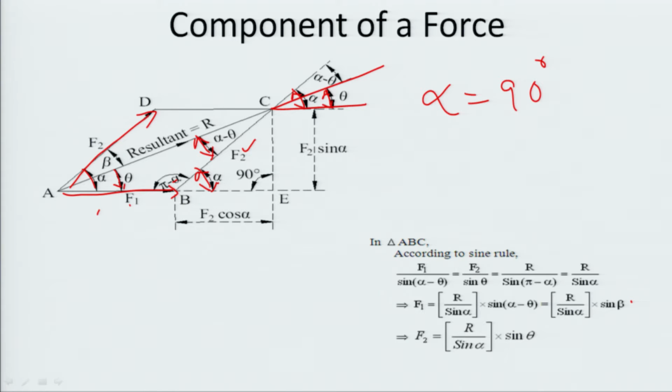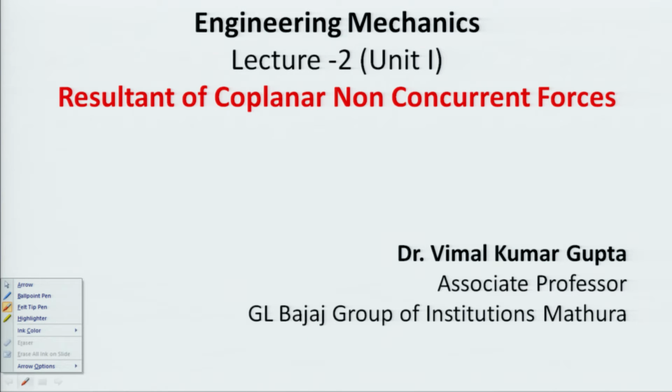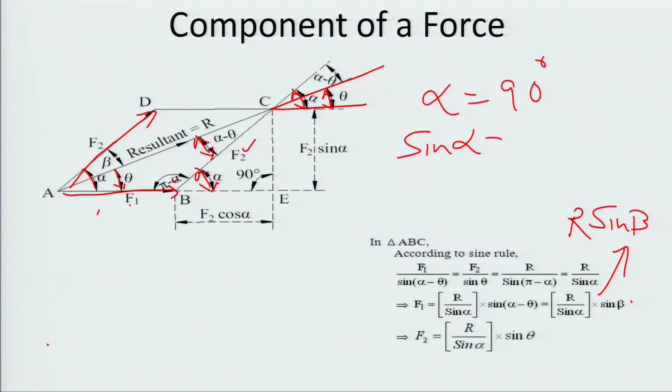F1 will be R sine beta divided by sine alpha, and sine 90 is equal to 1.